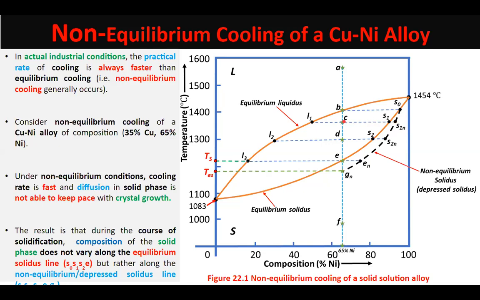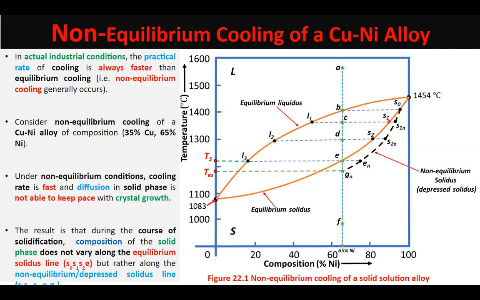Similarly, students, when the temperature drops from point C to point D, for that drop in temperature, the diffusion process changes the chemical composition of the solid phase under equilibrium conditions by an amount S1 to S2. But if these are non-equilibrium cooling conditions, then the shift in the solid phase will not be this much, but somewhere in between.